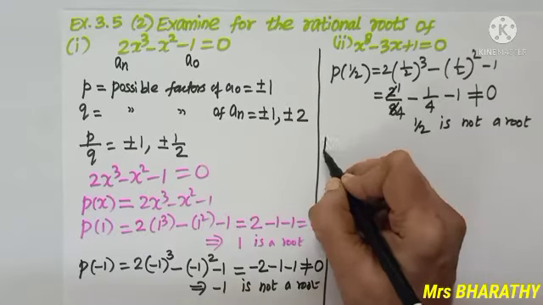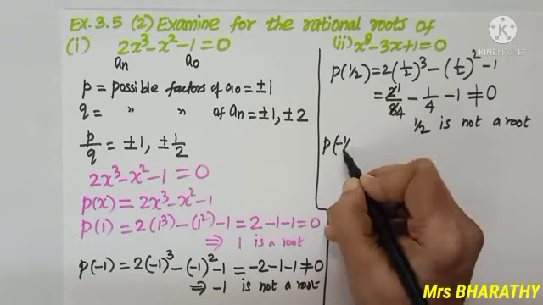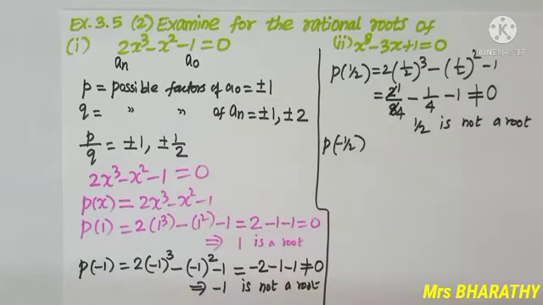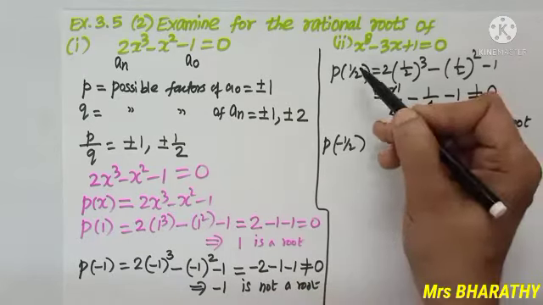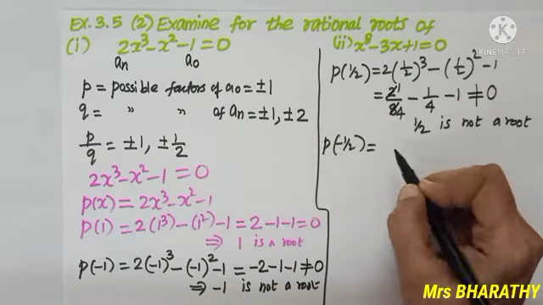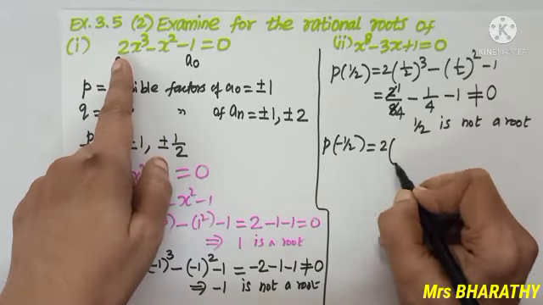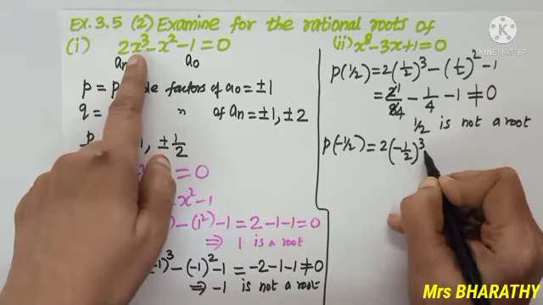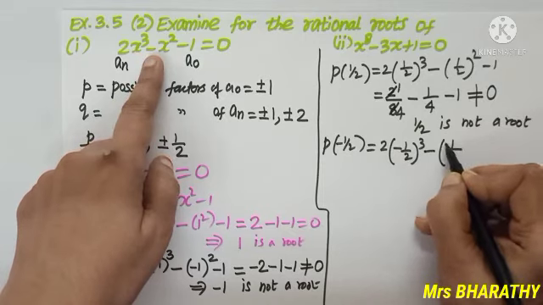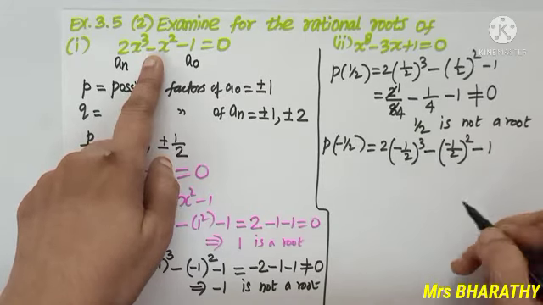Similarly, let me check minus 1 by 2. So we had 4 options: +1, -1, plus half and minus half. Again in this equation, 2 into minus 1 by 2 cube, minus minus 1 by 2 square, minus 1.